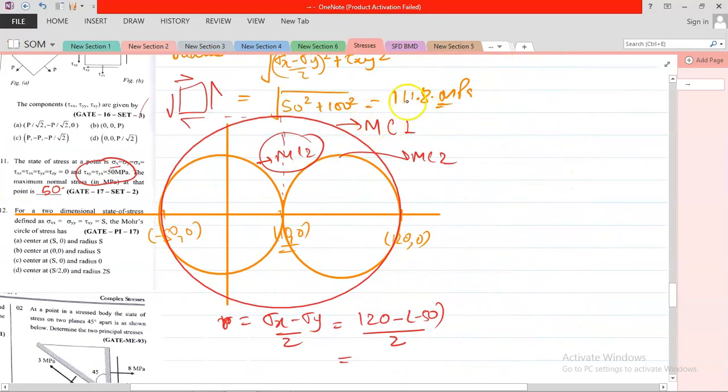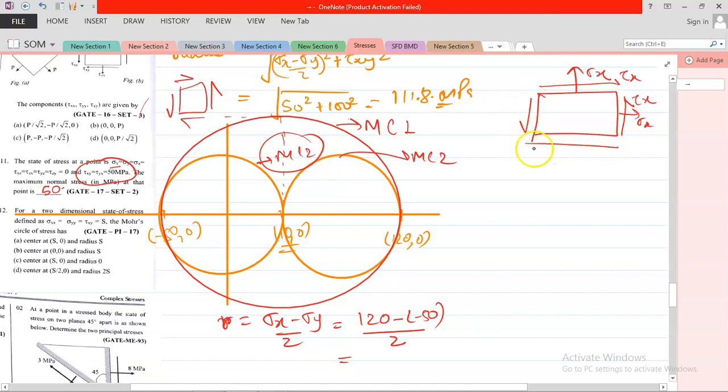The question is that you have a body with sigma x here also, sigma x here also, and you have the value of tau like this. Now you need to find the Mohr circle. First of all, draw the Mohr circle.